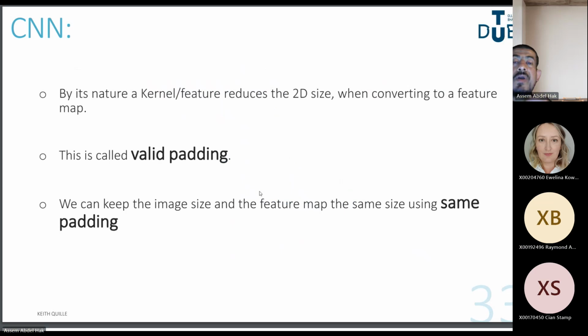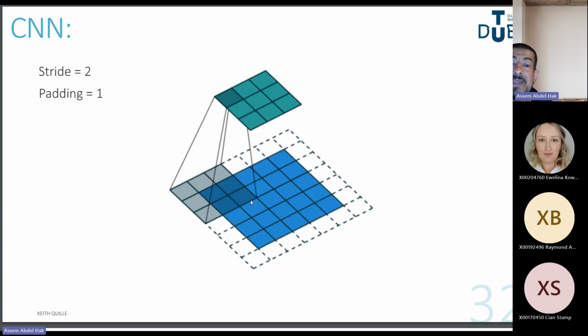Okay. The valid padding and same padding. Look here, guys, if I move this twice and twice, it's okay. But this is valid. Sometimes it's not valid. What does that mean? Sometimes if I move, let's say the stride steps equal 3.